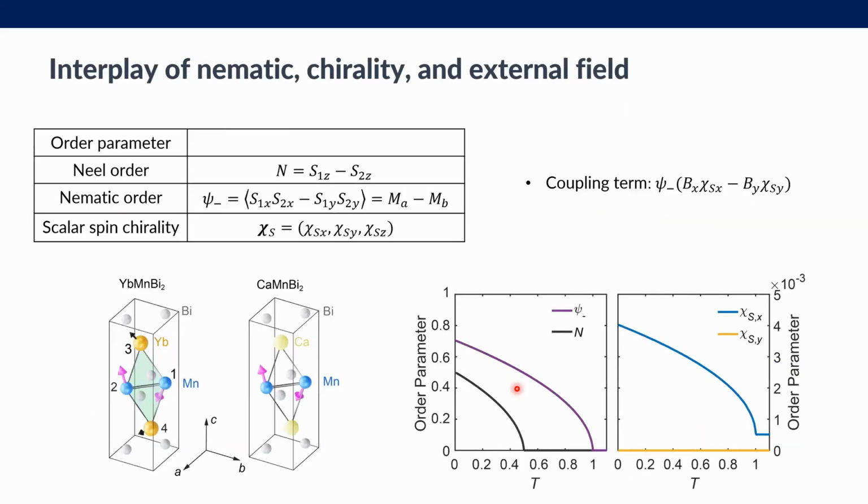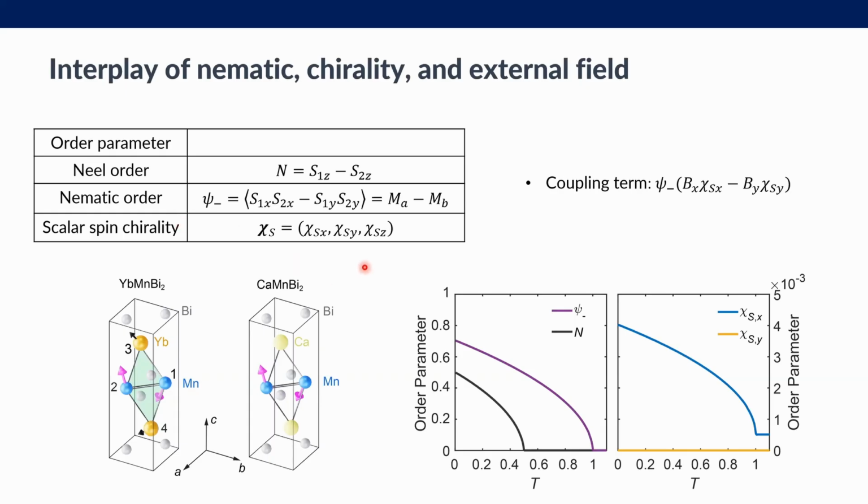So to bring all the experimental observations together, our theoretical collaborator developed this phenomenological model. The relevant order parameters are the Néel order, the nematic order, and the scalar spin chirality.